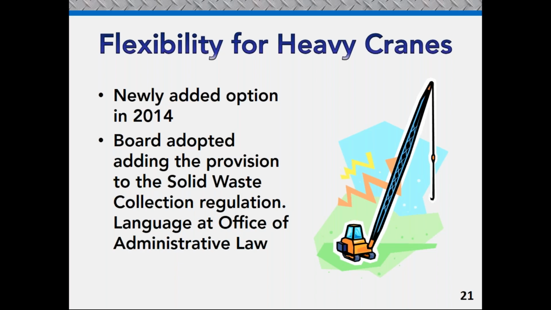So all these owners of heavy cranes would have been in a world of hurt because they would have had to go back to the standard set by the original truck and bus rule before those amendments.